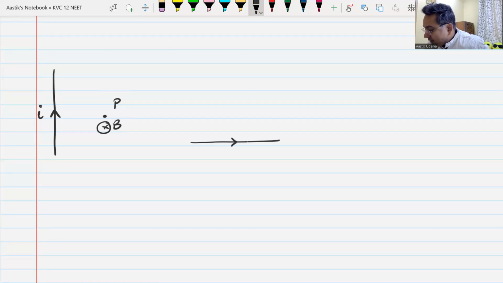If your current is like this and the point P is here, then tell me what is the direction of magnetic field. Turn your fingers, that is what you have got to do.